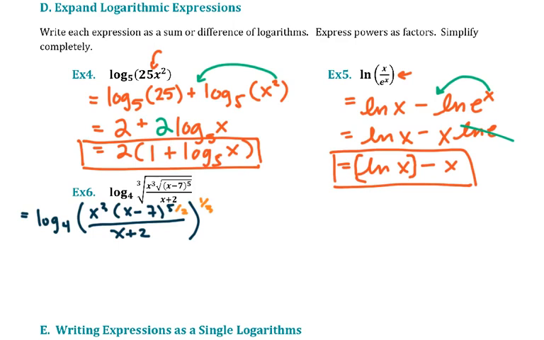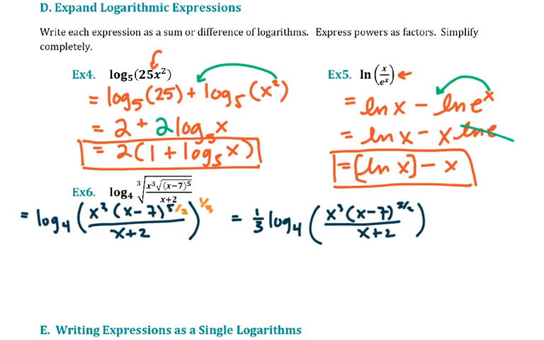So that 1/3 power can come into the front, and I have 1/3 log base 4 of x cubed times x minus 7 to the 5/2 over x plus 2.